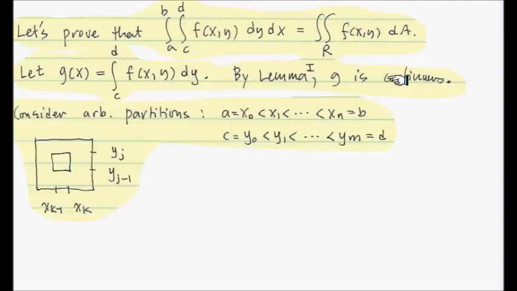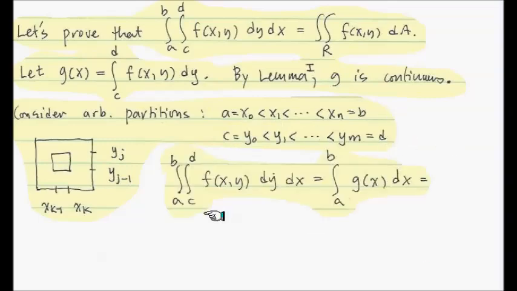Then, to make a connection to the double integral, we're going to consider partitions. So we're going to have this arbitrary partition, xk minus 1, xk, and yj minus 1, yj. We have this partition along the x side and the y side, with endpoints a, b, c, d. And we rewrote this iterated integral simply like this, a to b, and inside we call it g(x).